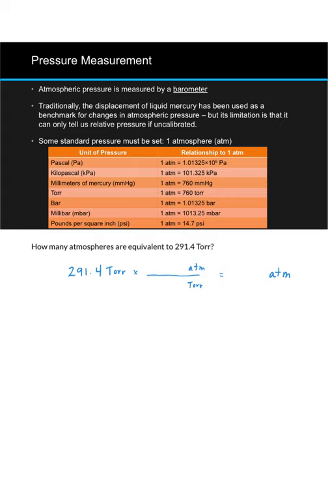The table up above tells us what the conversion factor ought to be that relates torr and atmosphere. Here, we're told that 1 atmosphere is equal to 760 torr. To convert torr to atmosphere, we just divide by 760. In keeping 4 significant digits, as this is an exact quantity, we'll end up with 0.3834 atmospheres.